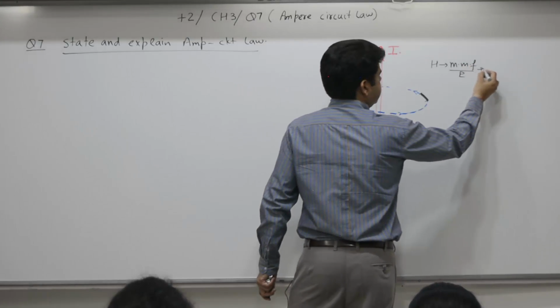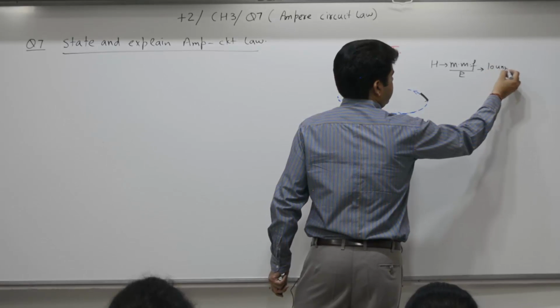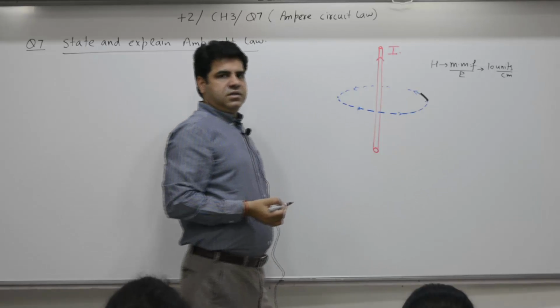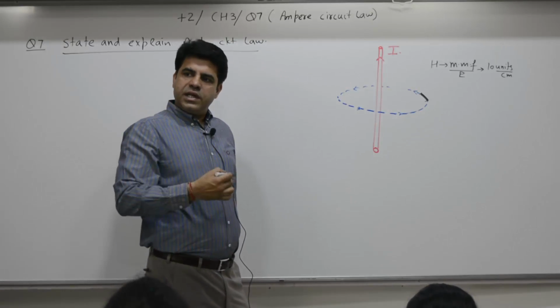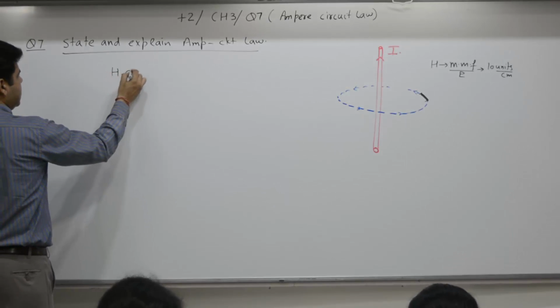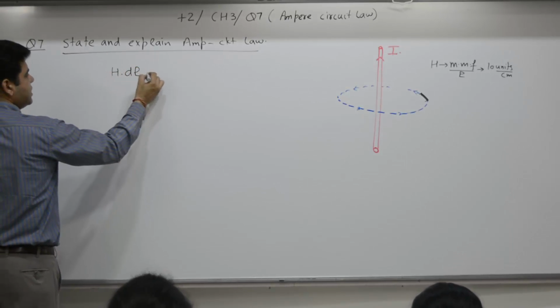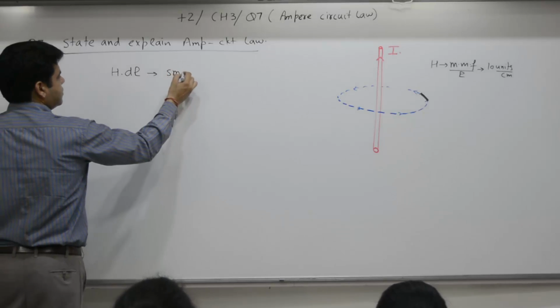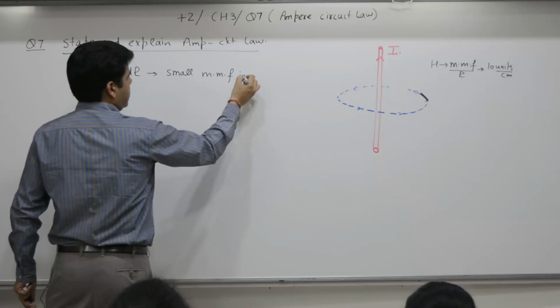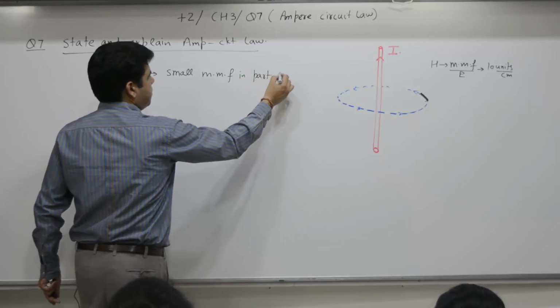Say 10 units per centimeter, and suppose it is 1 centimeter. So, MMF is how much? 10 units. So, H dL represents what? Small MMF in part PQ.